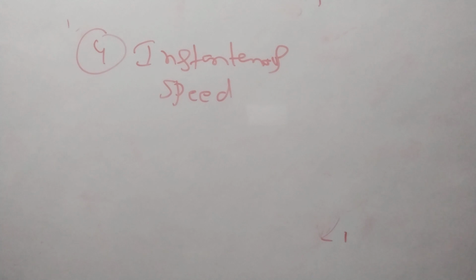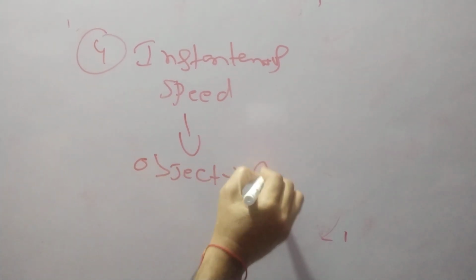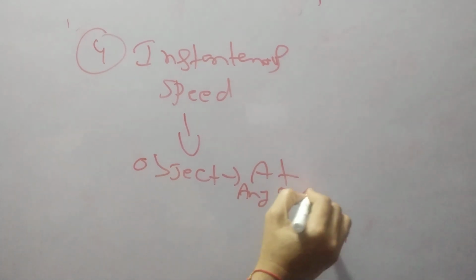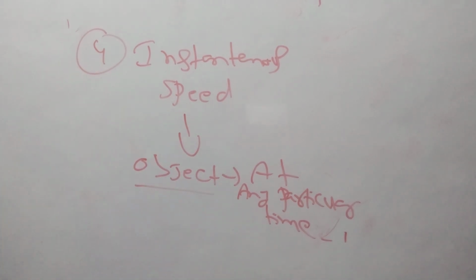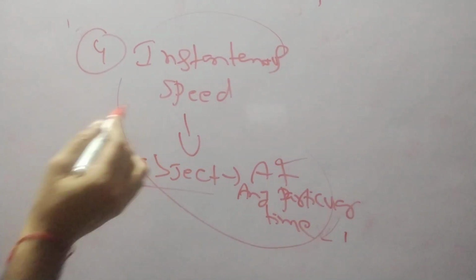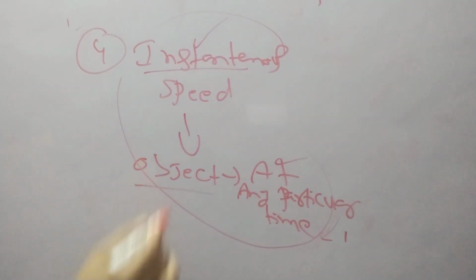The speed of an object at any particular time is called instantaneous speed, right? This is the basic definition. At any particular time means at that particular instant. So that speed is known as instantaneous speed, right?